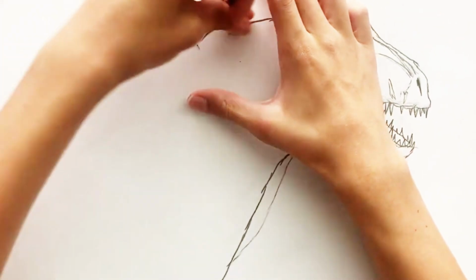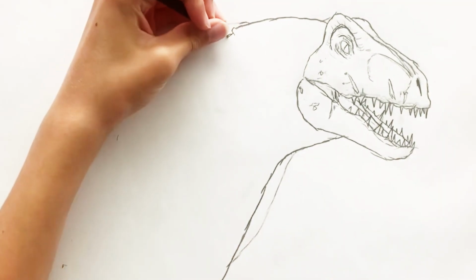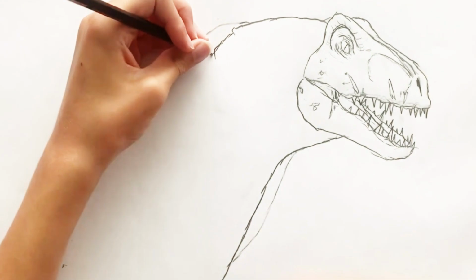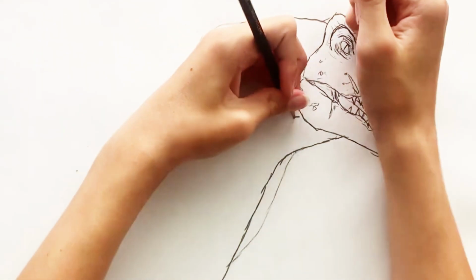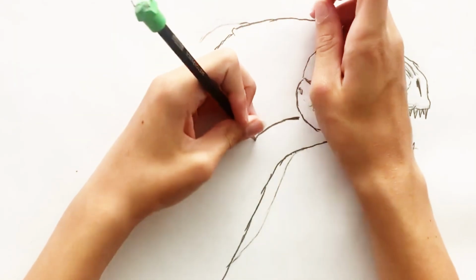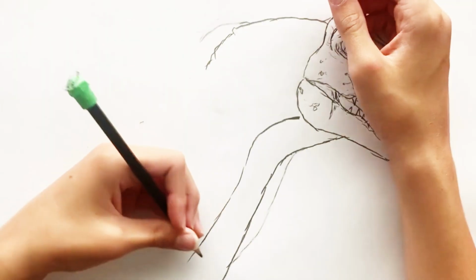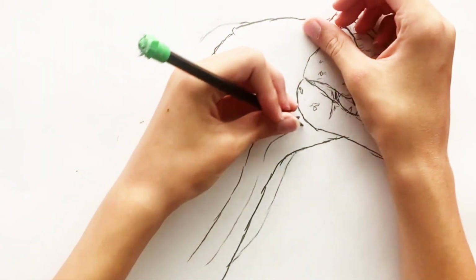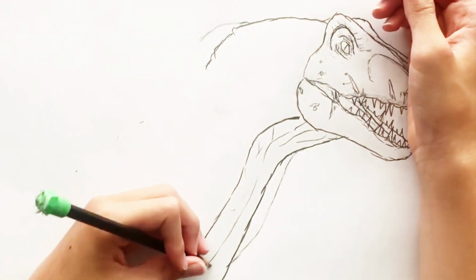Okay, yeah, this sign is not supposed to be there, so I'm gonna erase that. And we can just add like a little bit of bumps here. And I'll just add it down like that. I can just add some lines like this on the neck, and just like, yeah, this stuff right here.